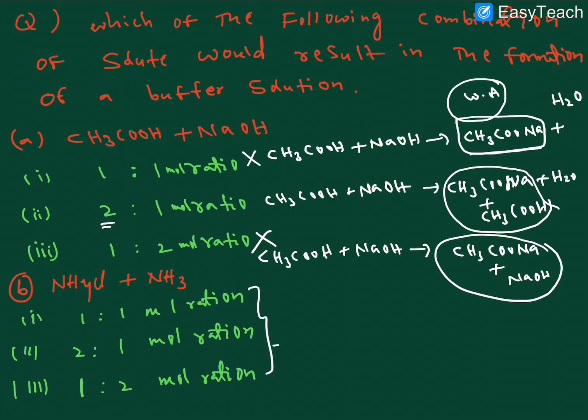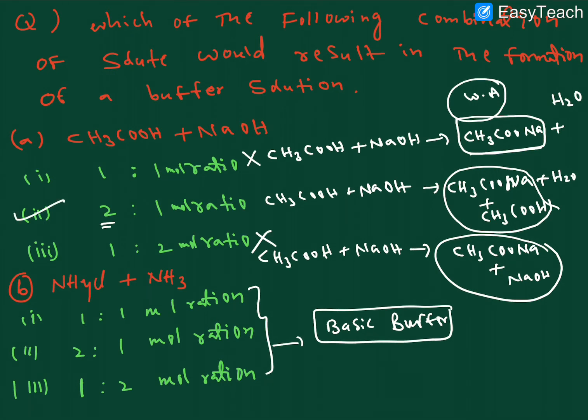Next question. In all these combinations, it is a basic buffer solution only. Here, NH4Cl plus NH3: this is the salt of a weak base with a strong acid, and this is the weak base.